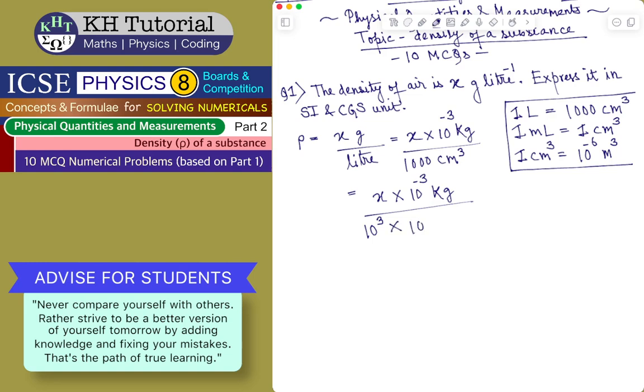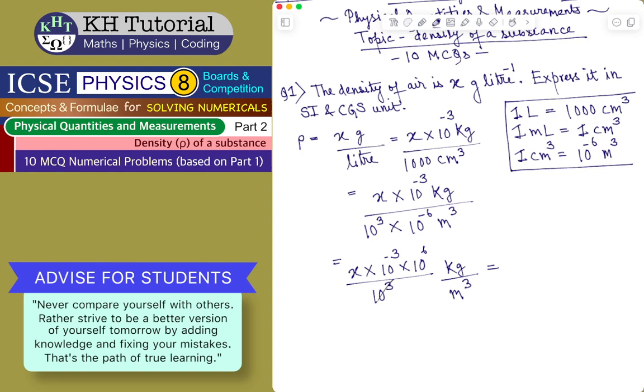If I simplify the numerical part, this will be x multiplied by 10 to the power minus 3. 1 by 10 to the power minus 6 is equal to 10 to the power 6. So 10 to the power 6 divided by 10 to the power 3, this much kilogram per meter cube.